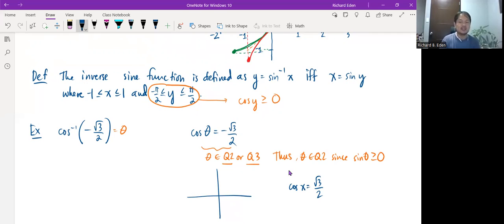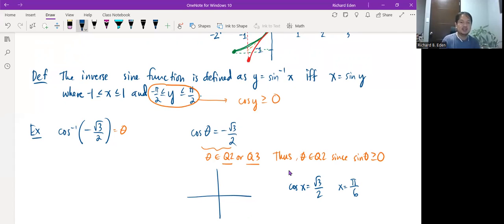Give me an angle in the first quadrant whose cosine is square root of 3 over 2. 30, 60, 90 triangle. 30 degrees. 30 degrees in radians, what is it? Pi radians is 180, so 30 degrees is pi over 6 radians. Pi over 6.